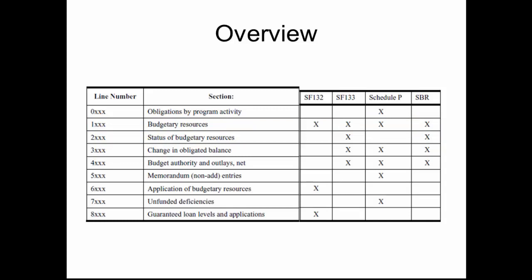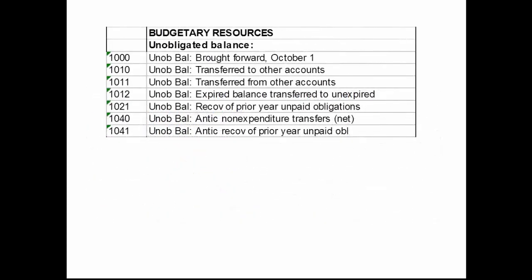Let's take a look at some sample lines. We can't cover them all, but we'll attempt to identify the lines that you will probably come across most frequently. Let's start with unobligated balances in lines beginning with 10. Line 1000 reflects unobligated balances brought forward.